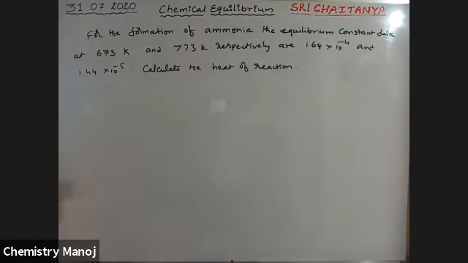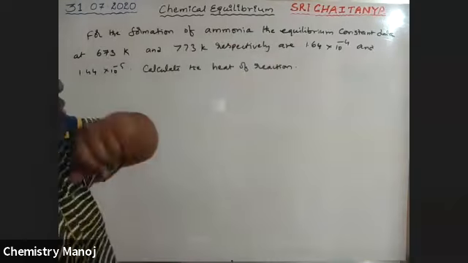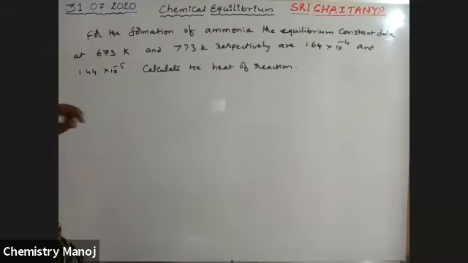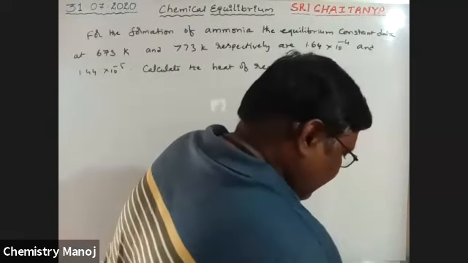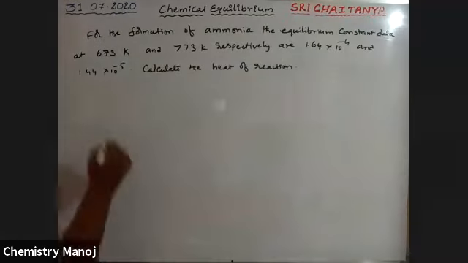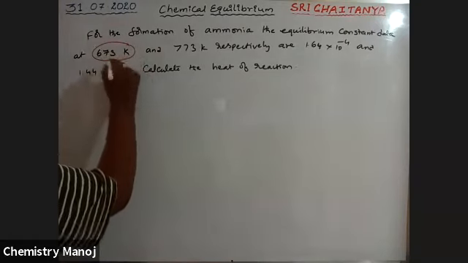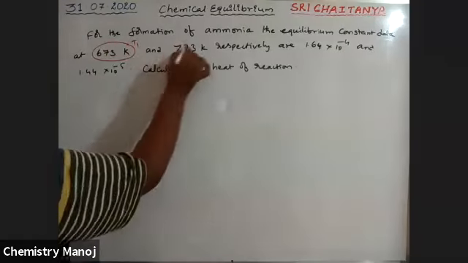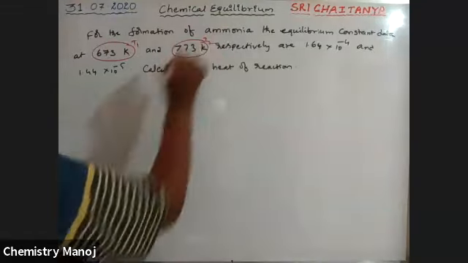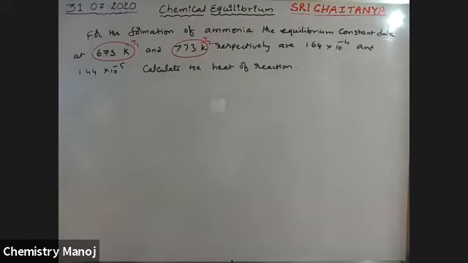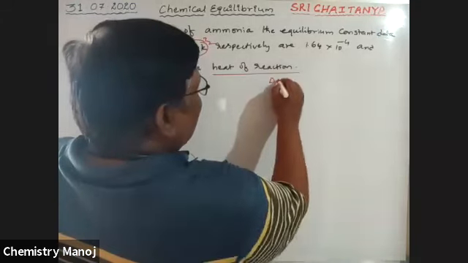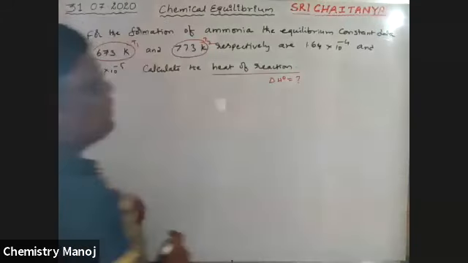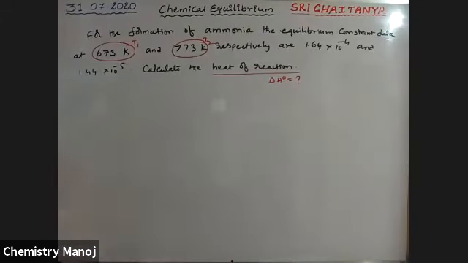See here. For the formation of ammonia, the equilibrium constant data at 693 Kelvin is given. That is the lower temperature T1, and this is the higher temperature T2. He wants to calculate the heat of reaction, delta H naught.